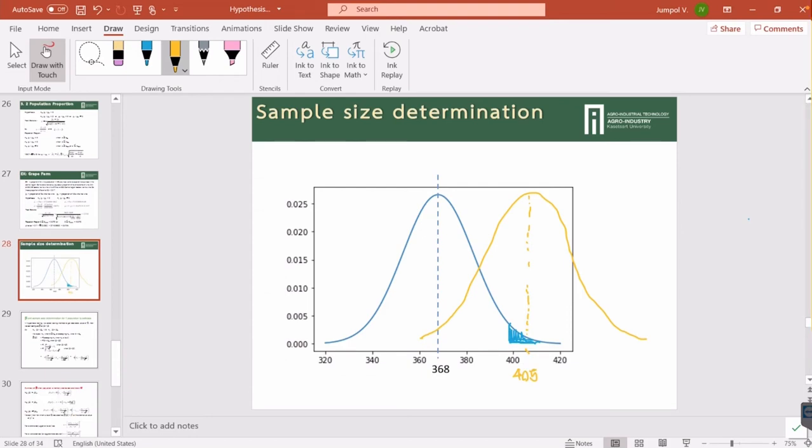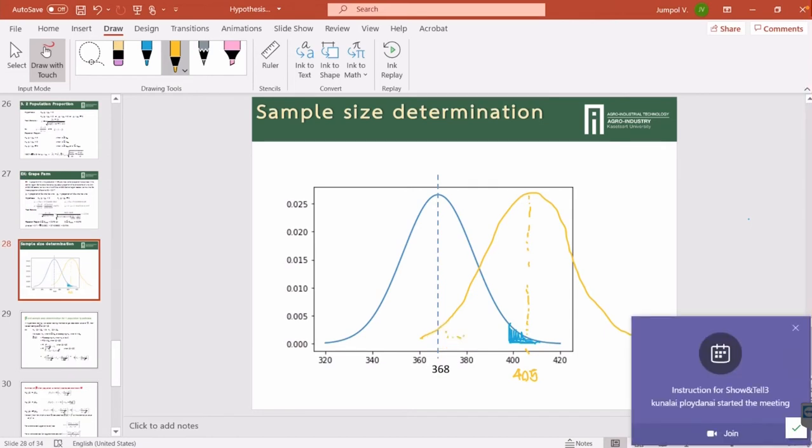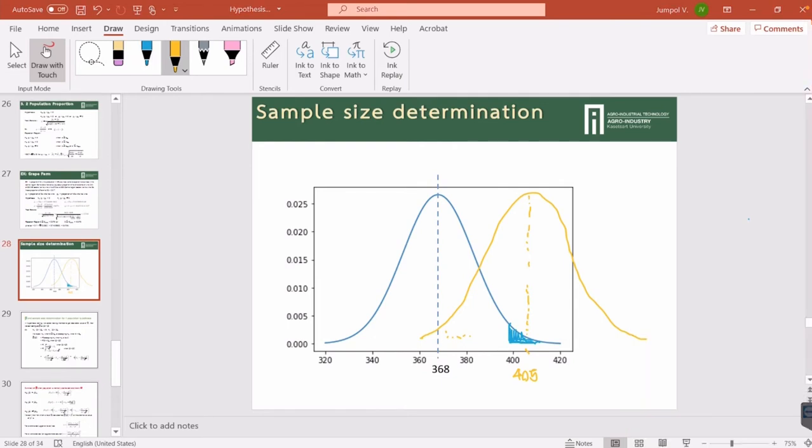If the mean is 405 and our sample falls in this region, we're going to accept that the mean is 368, but it is not.